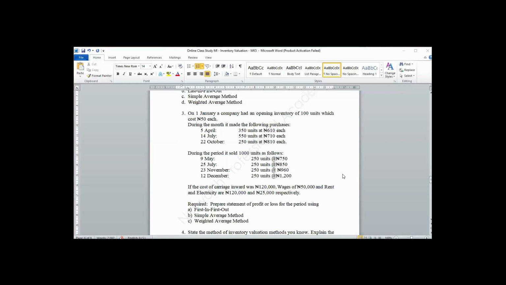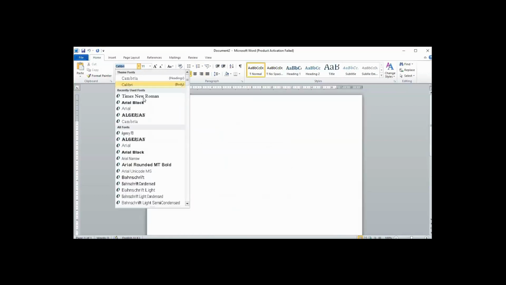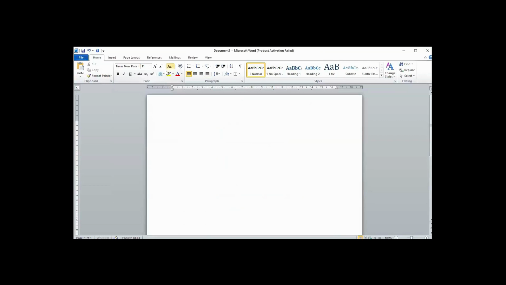What I'm trying to say is this. I think you can see the board. Yes, sir. Now, when we talk of the simple average method, it simply means average pricing method.